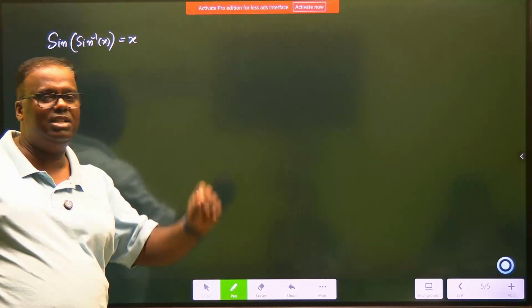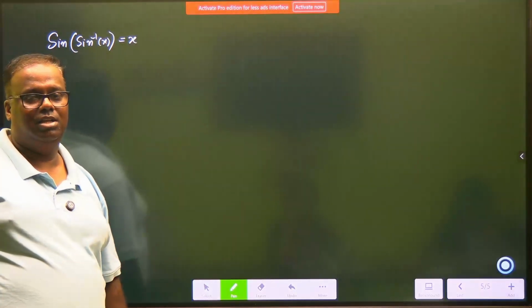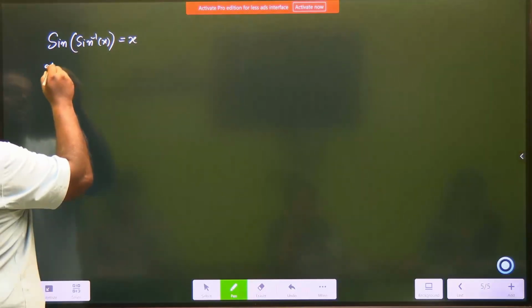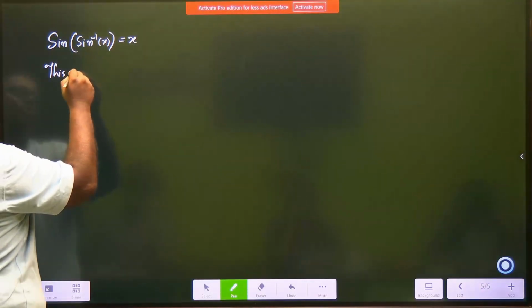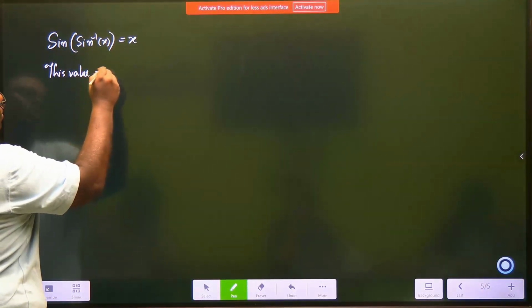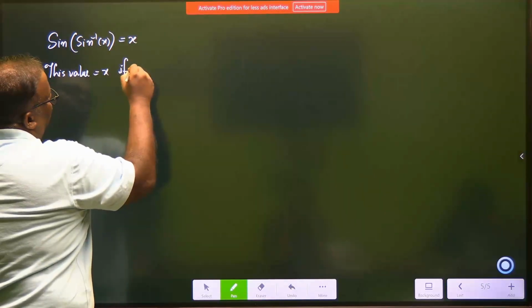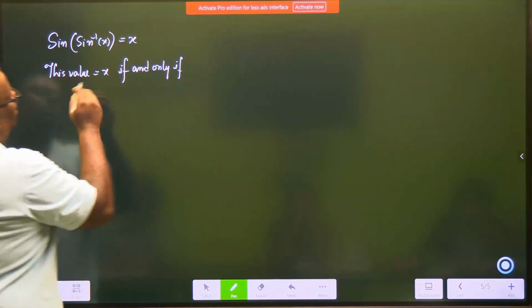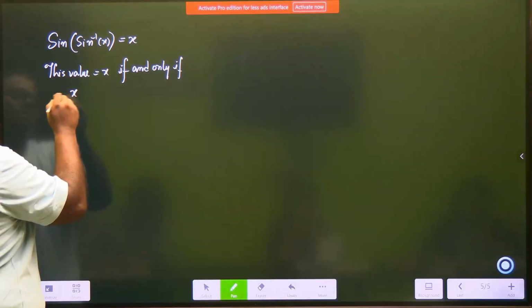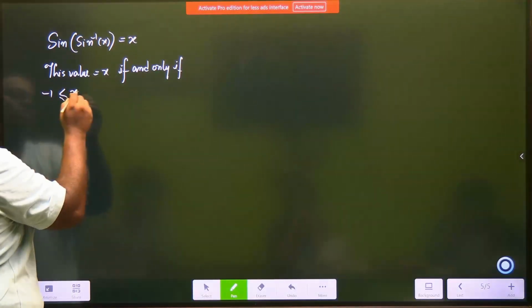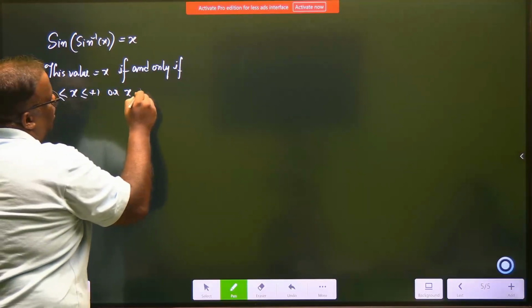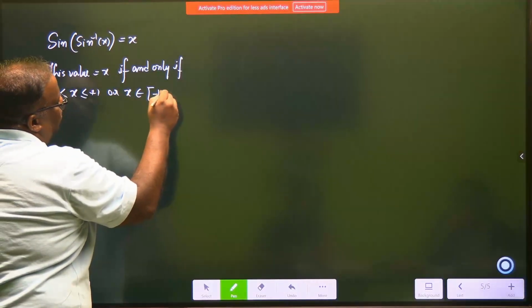What do you enter inside sine inverse x? This value is equal to x if and only if x is greater than or equal to -1 and less than or equal to +1, or x belongs to the interval [-1, 1].